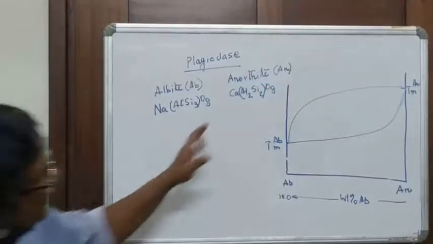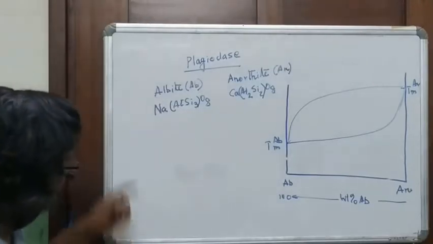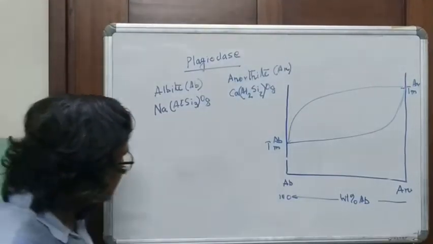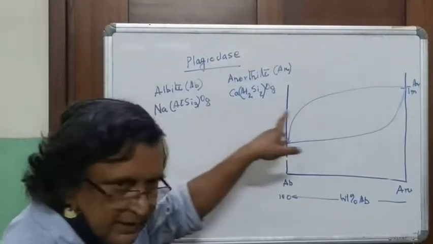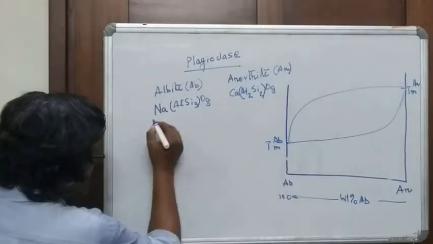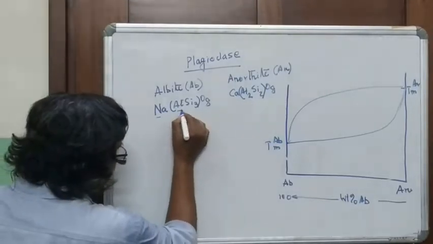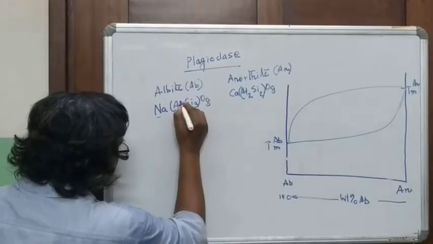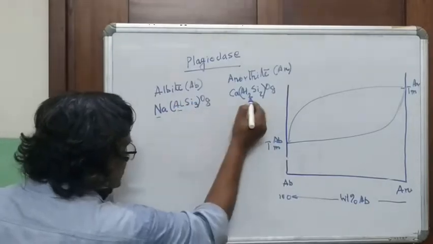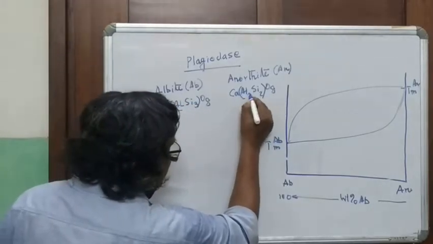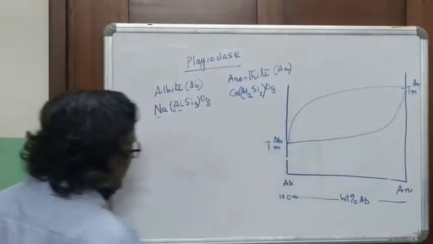This is the formula of albite and anorthite. Here you see, if you look at the two formulas, here you have NaAlSi3O8, and here you have CaAl2Si2O8.